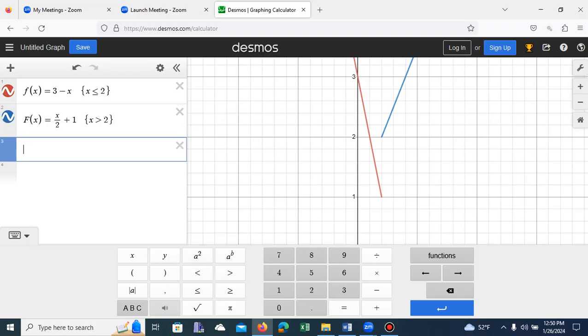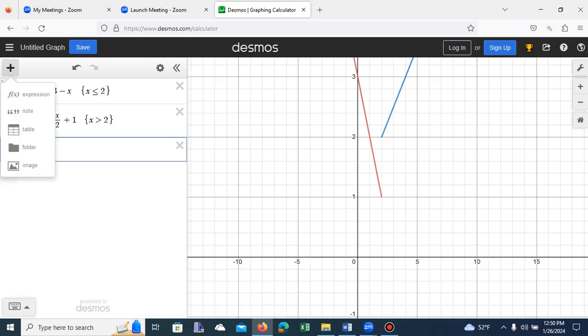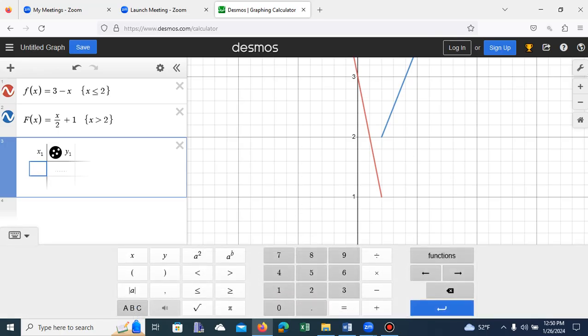We can plug in the points. Let's do a table, x and f of x.